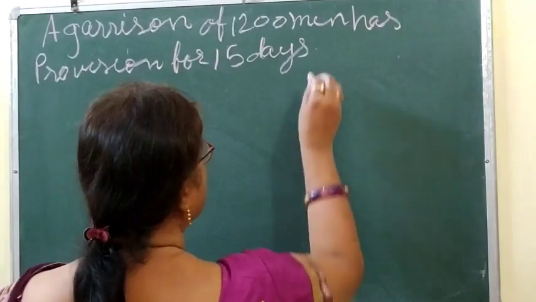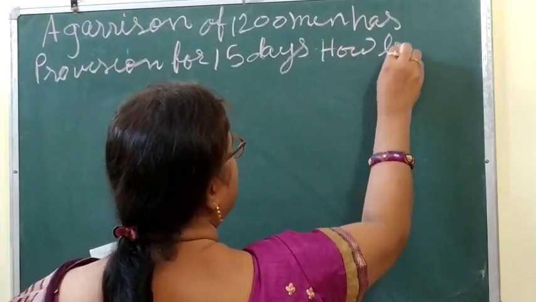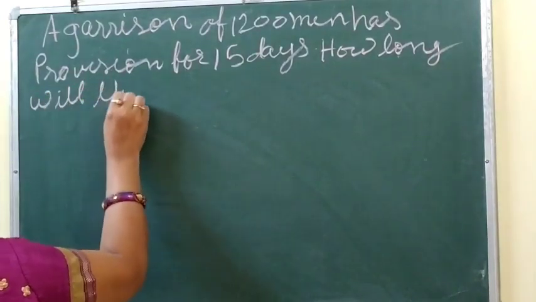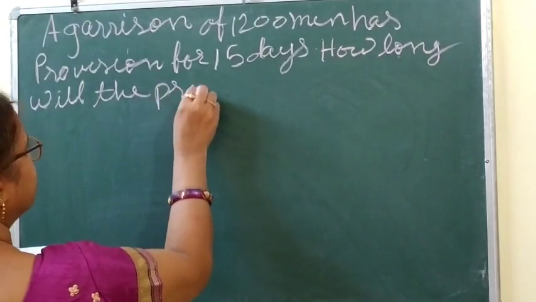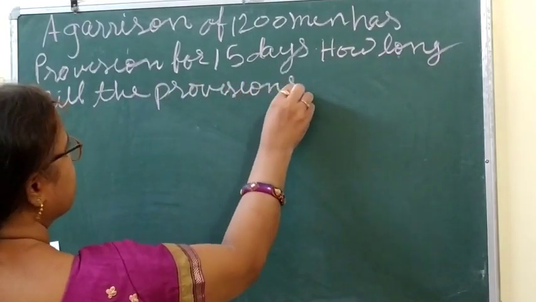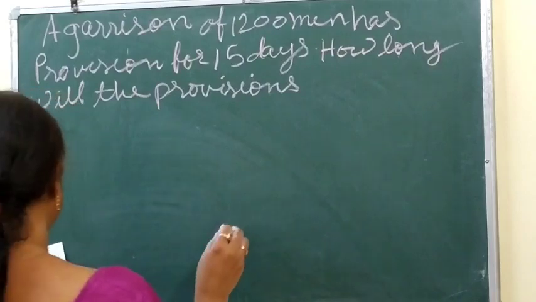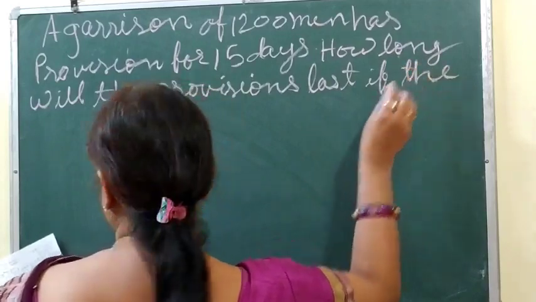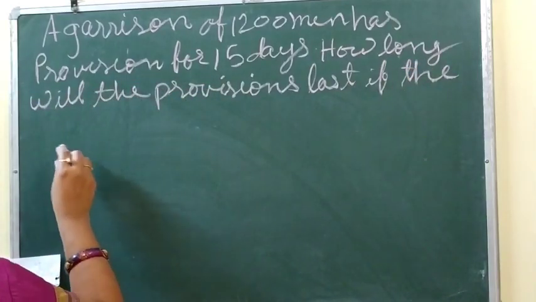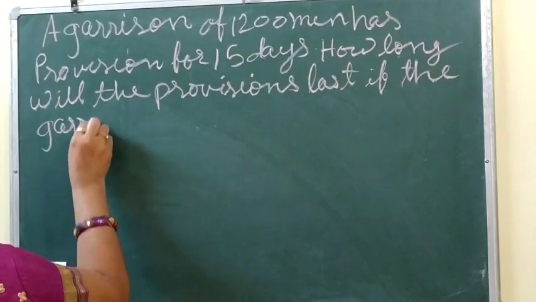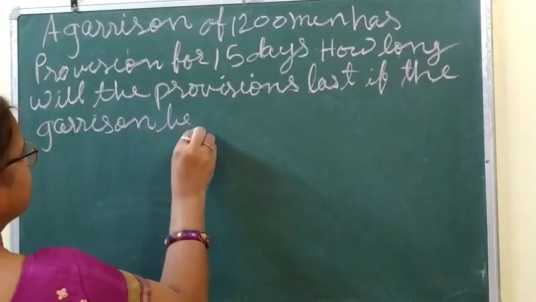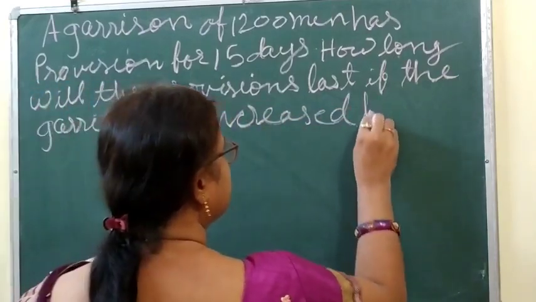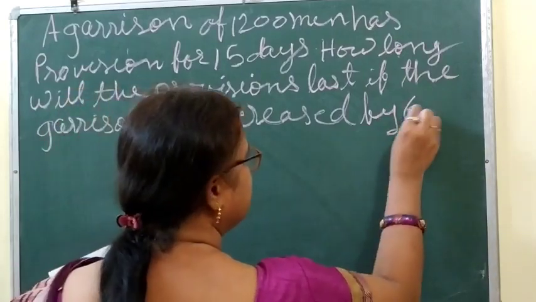How long will the provisions last if the garrison is increased by 600 men?